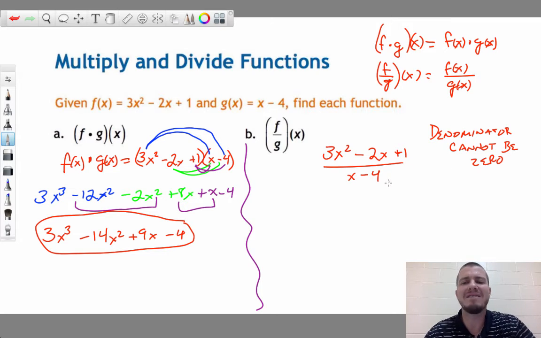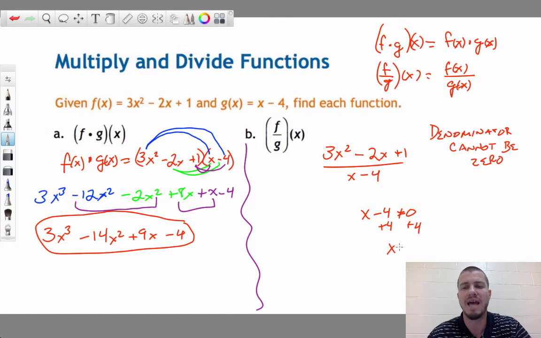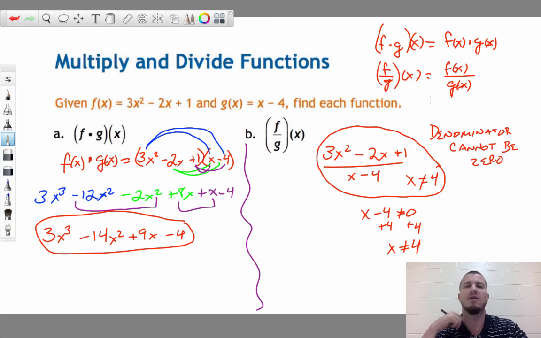So if there's any x value that's going to make that 0, you have to state that restriction. So x minus 4 cannot equal 0, and if I add 4 to both sides, that means x is not allowed to equal 4, because if I plug 4 in here, 4 minus 4 is 0, and that's not allowed. So that's a restriction to this expression: x cannot equal 4.